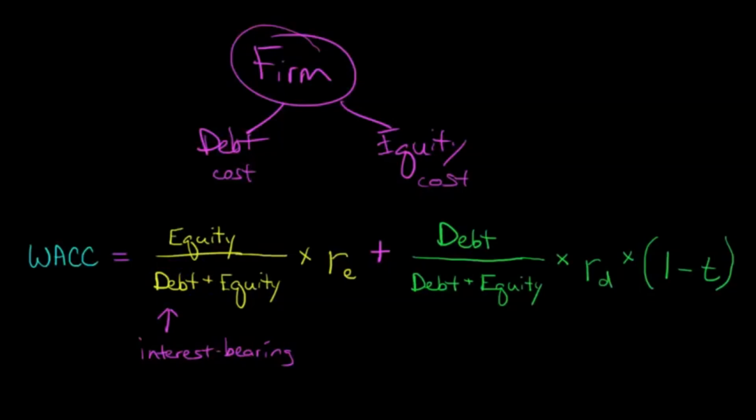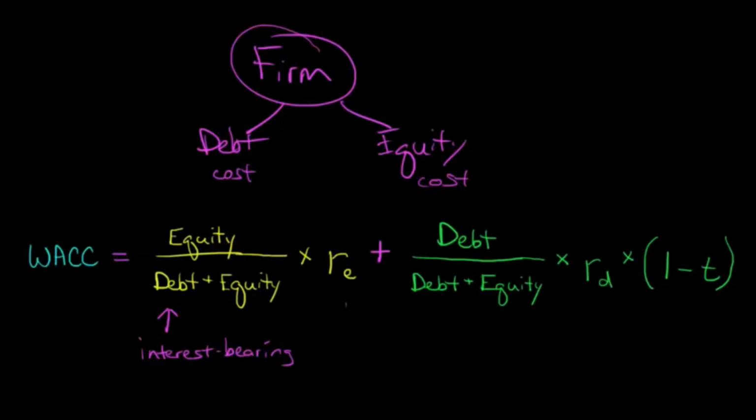What we're trying to do right here is calculate the proportion of the firm that is being financed by equity. Once we've got that proportion, this share of the financing that is attributable to equity, we're going to multiply it by the cost of the firm's equity. That's what RE is commonly.